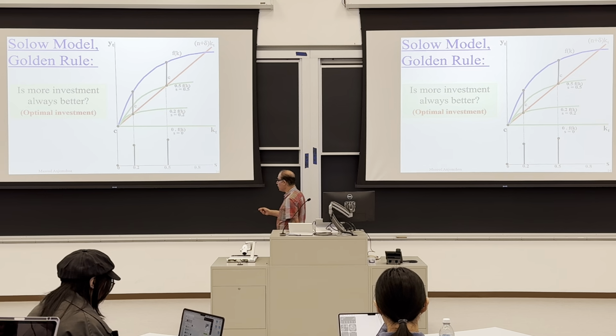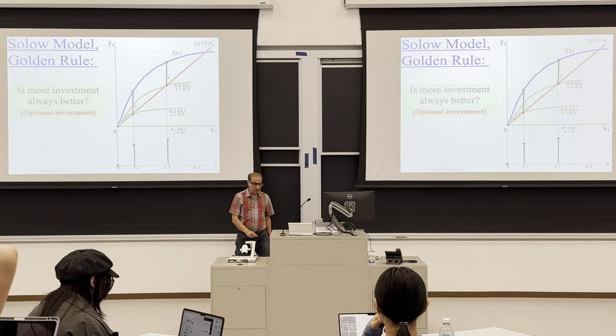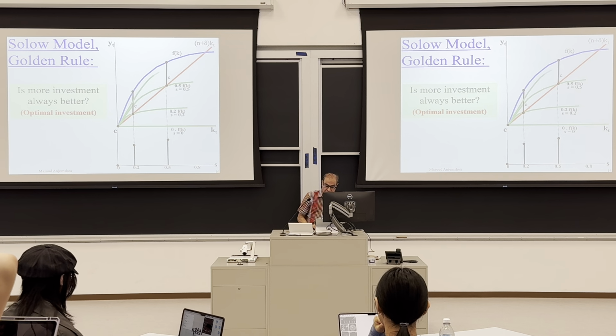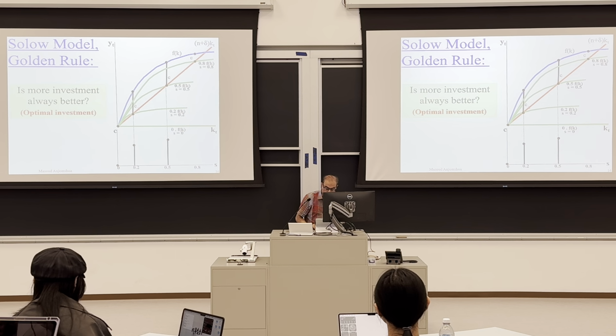For example, let me choose an 80% saving rate. But look at that. At 80% saving rate, this is very close to the production function. Is that right? Look at that, consumption is so little.